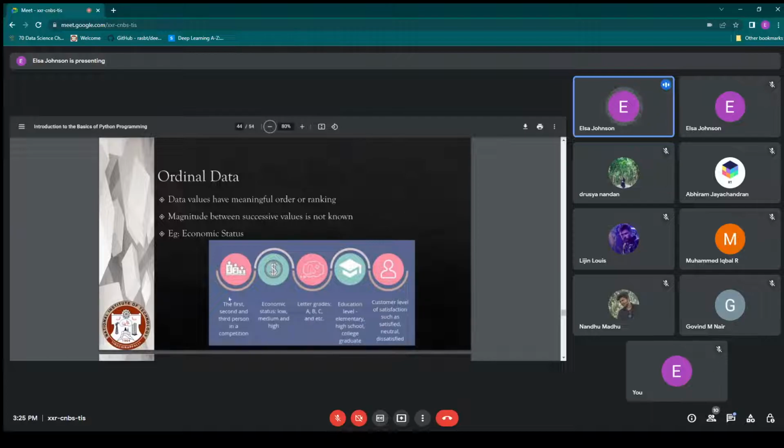Then economic status, low, medium, or high. Letter grades A, B, C. So this is data which has some order. Then customer level of satisfaction: satisfied, neutral, dissatisfied.